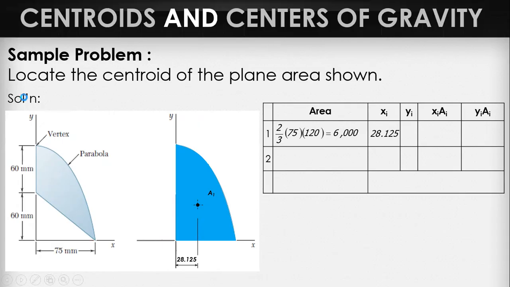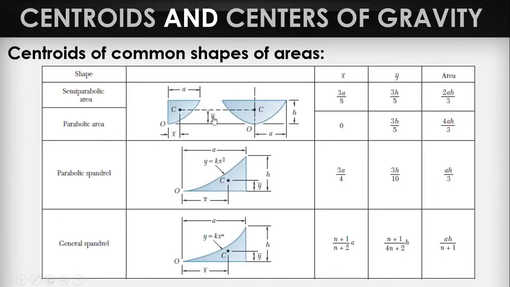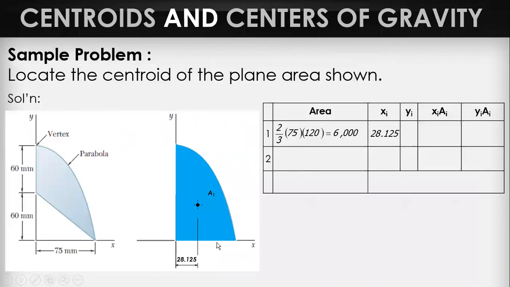Now for y bar, take note that y bar is referred to the vertex. From the vertex to the centroid, that's 3/5 of 120. From the vertex, this one is 3/5. But our y bar is this.